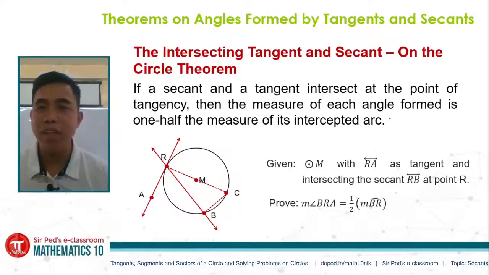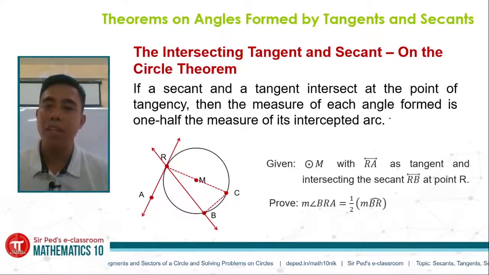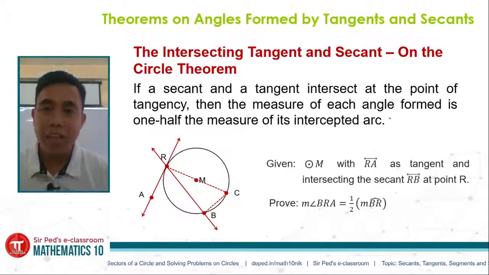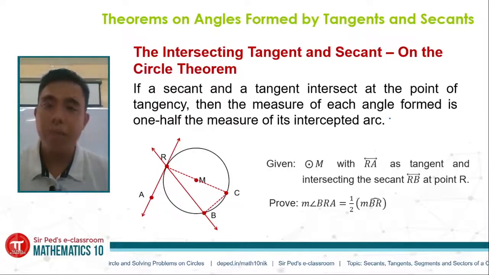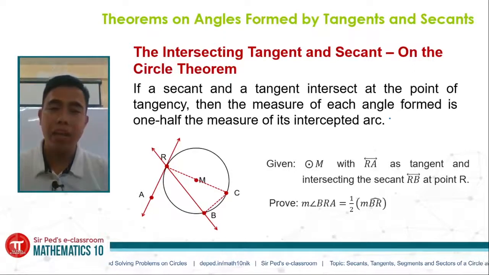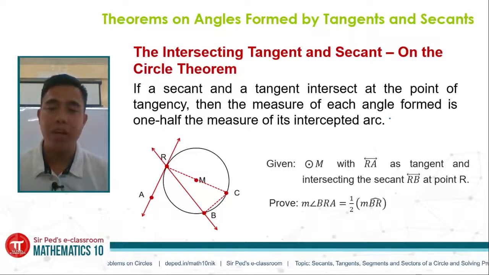The first one is the intersecting tangent and secant on the circle theorem, which states that if a secant and a tangent intersect at the point of tangency, then the measure of each angle formed is 1/2 the measure of its intercepted arc.